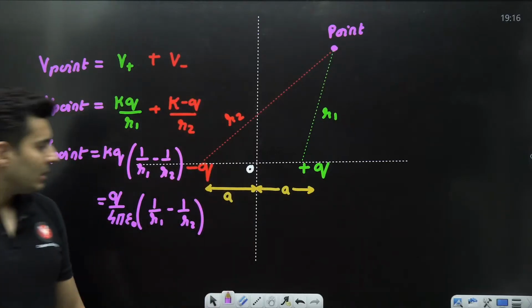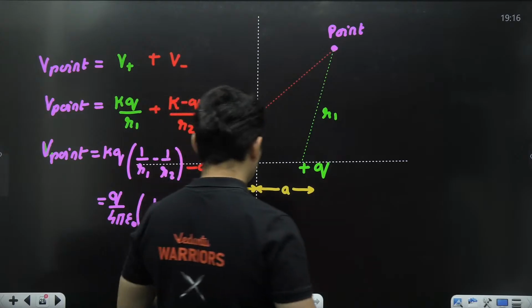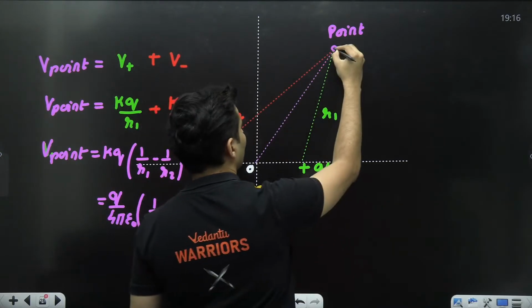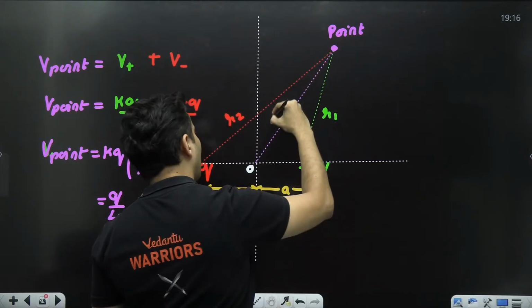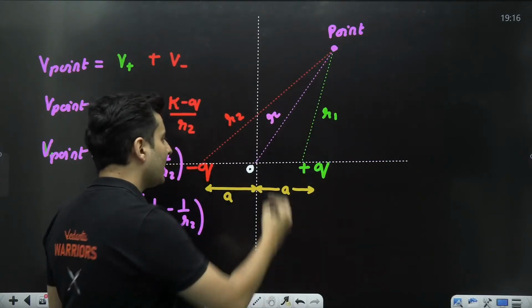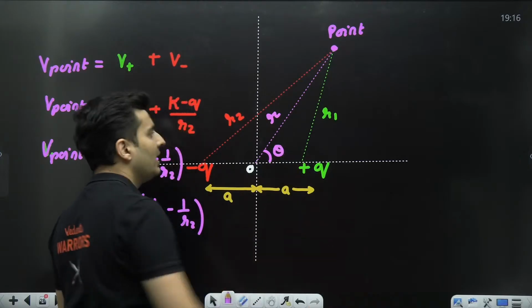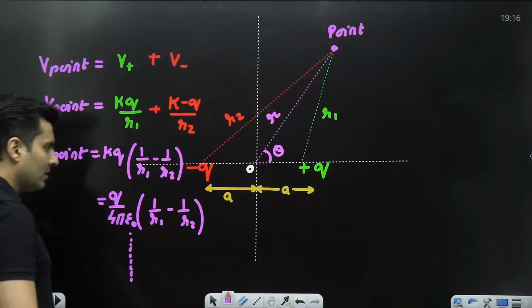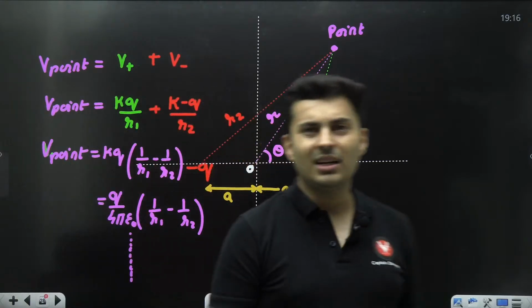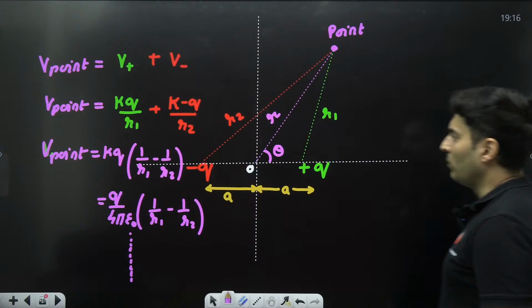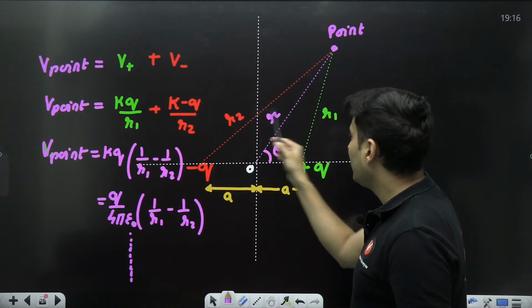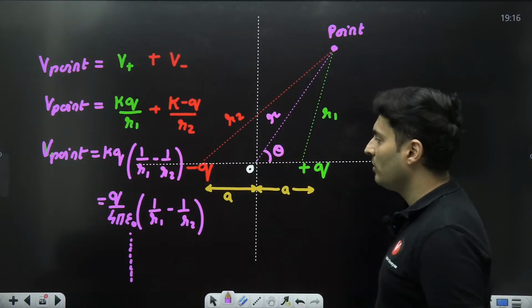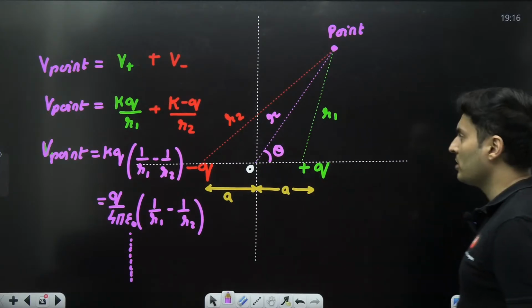Everyone? Now that particular point may be at some distance over here. That distance they have written as r, making an angle theta. After using some approximations, the derivation is not important even for NEET, so don't have to worry about it. You write R1 and R2 in terms of R using trigonometry and some approximations.